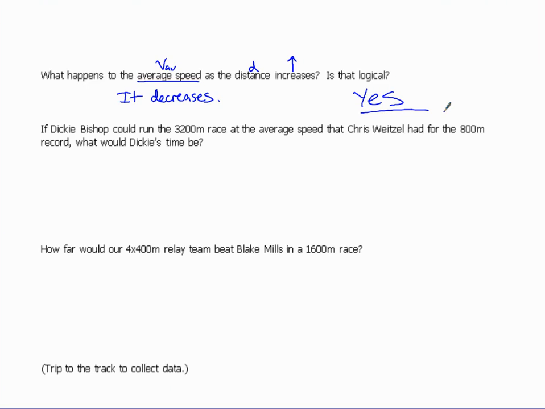If Dickie Bishop could run the 3,200 meter race at the average speed that Chris Reitzel had won for the 800 meter record, what would Dickie's time be? Here's what we're going to do. We are going to swap out for the women's numbers.